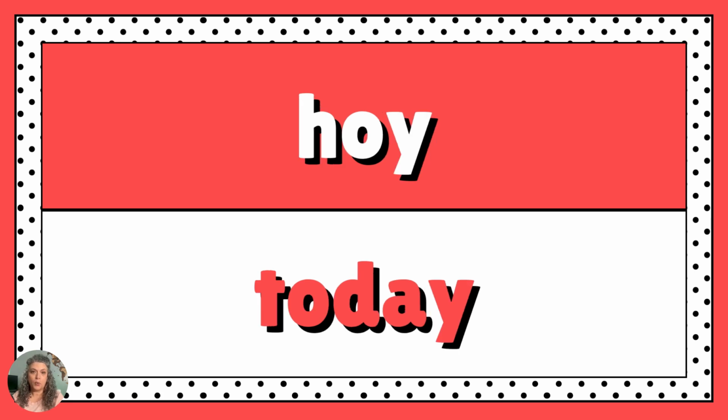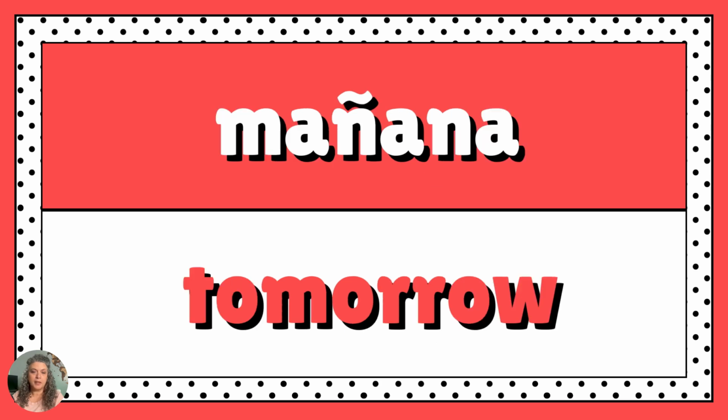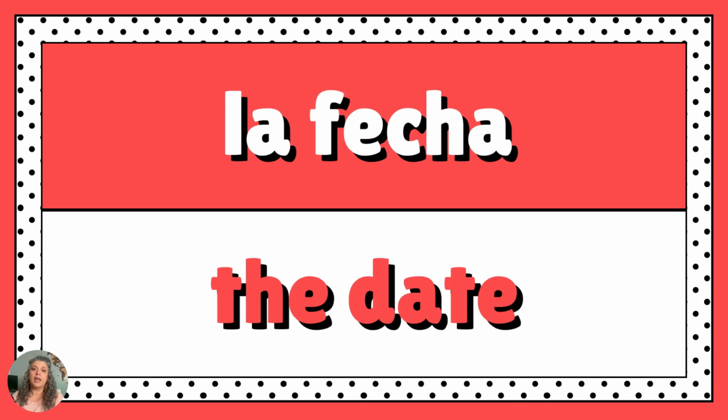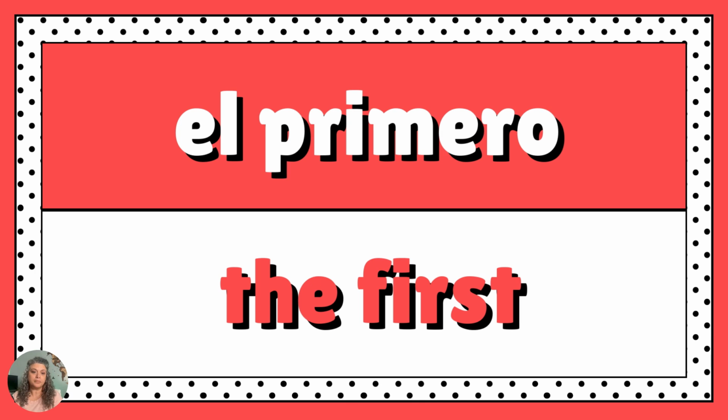Hoy. Hoy is today. Remember, we do not pronounce that H. Hoy. Mañana. Mañana is tomorrow. La fecha is the date. So the number that you're looking for, the date. And then, as we mentioned earlier, el primero is the first. And you need that for the first of every single month.